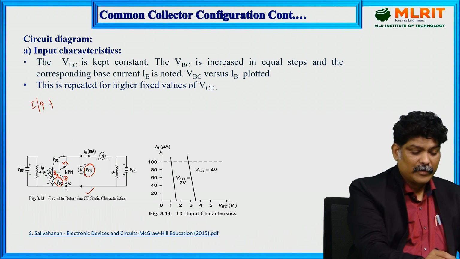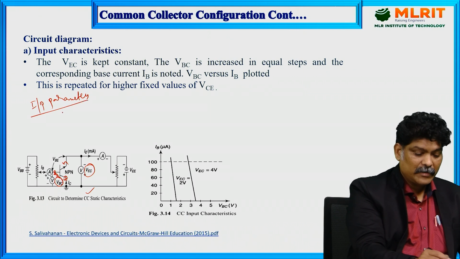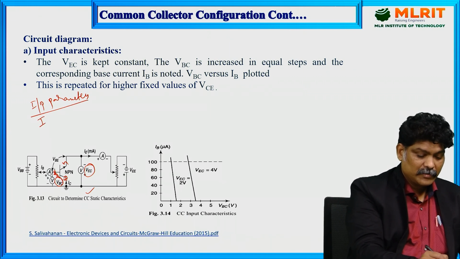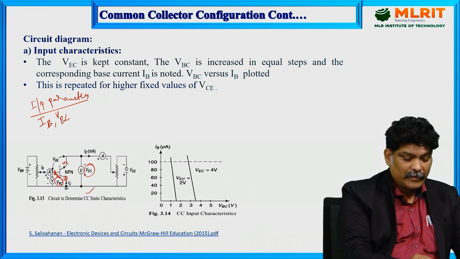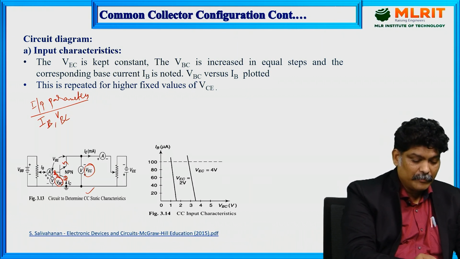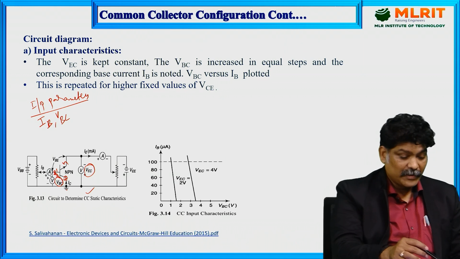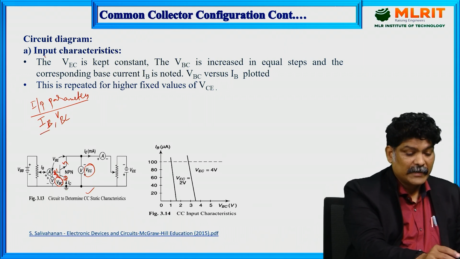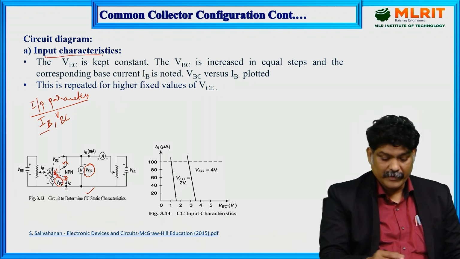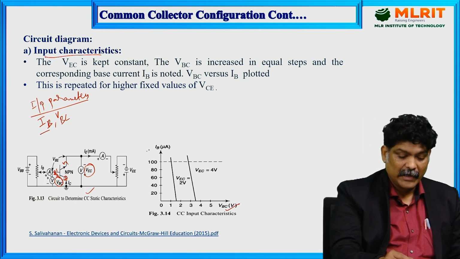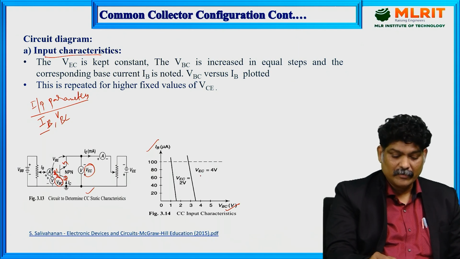So what are the input parameters? The input parameters are IB and VBC. Why VBC? Because the base terminal is at top polarity. So hence VBC. Input characteristics means it is the graph drawn between VBC and IB for fixed values of VEC.